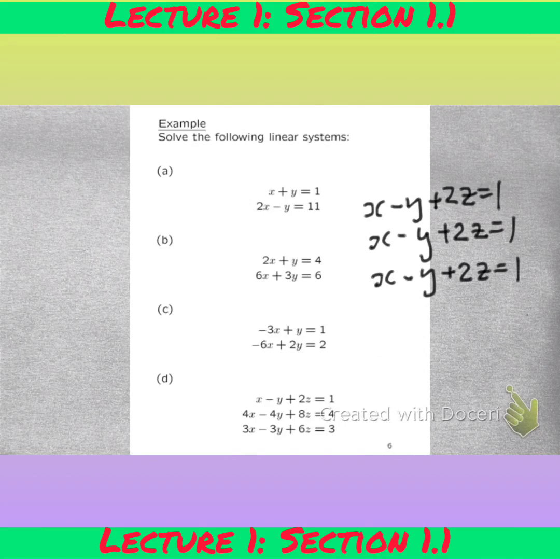That's equivalent to a system of three equations, three unknowns, and each equation signifies a plane in R3. So this is a linear system that corresponds to three planes that coincide.